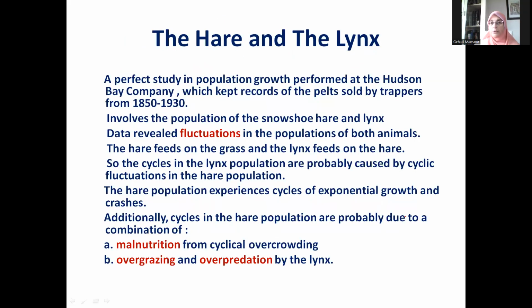Okay, here we have the story of the hare and the lynx, and it is a perfect study for population growth. And we have explained in evolution that there are fluctuations in the size of the population for both animals. The hare feeds on grass, and the lynx feeds on the hare. So the cycles in the lynx population are probably caused by the cyclical fluctuation of the hare population.